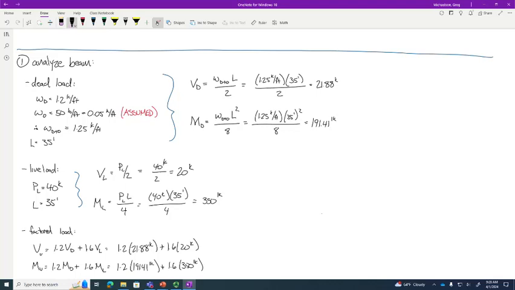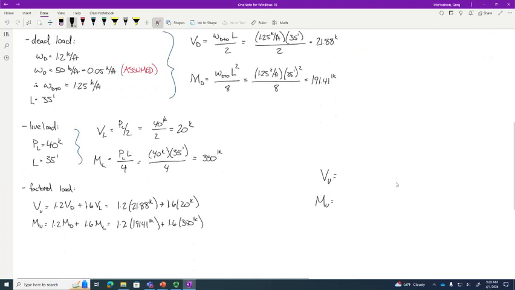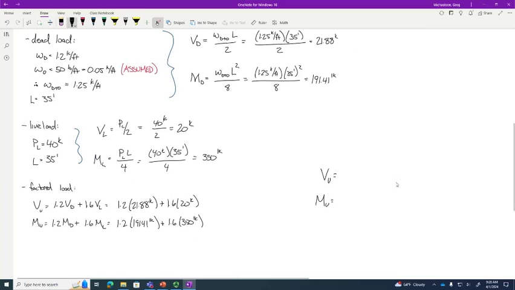So we get VU equals and MU equals. Just to make sure everybody's awake, somebody give me a VU. 58.26. Do I have a second? I heard a yep.